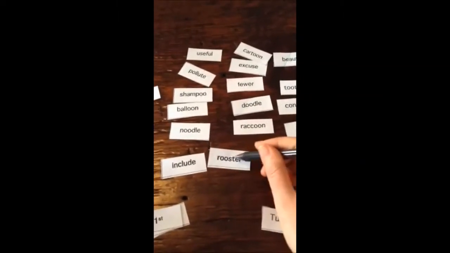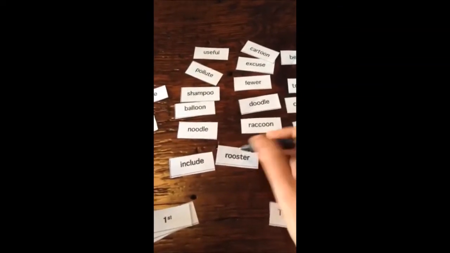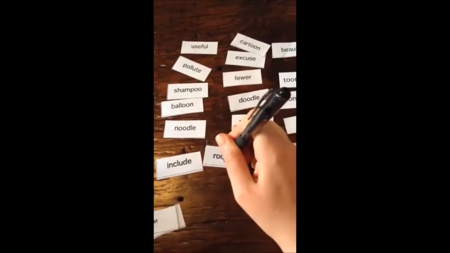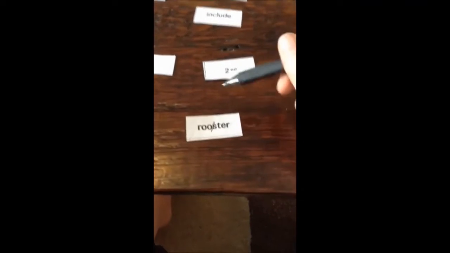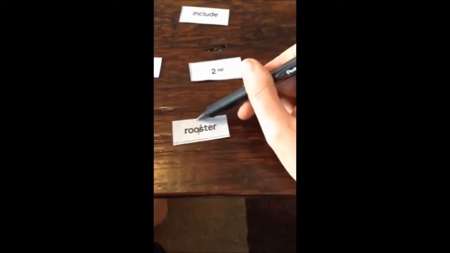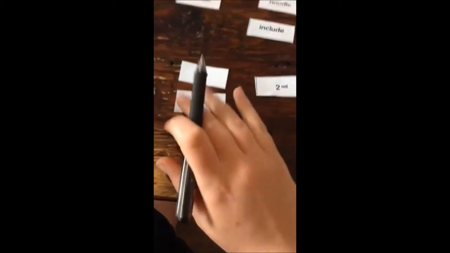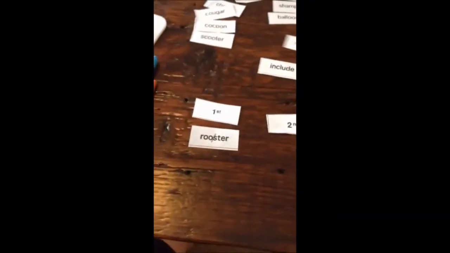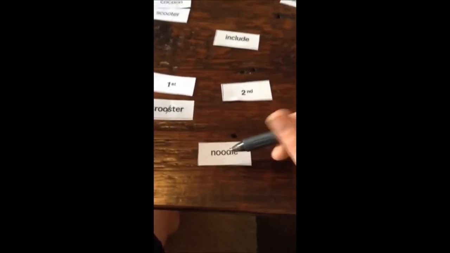So if we take the word rooster, for example, rooster. So the syllable juncture would go right here. So then rooster would look like this, with roo, oo, the long U sound happening in the first vowel, in the first syllable. If I look at the word noodle, I can again break that into two syllables.